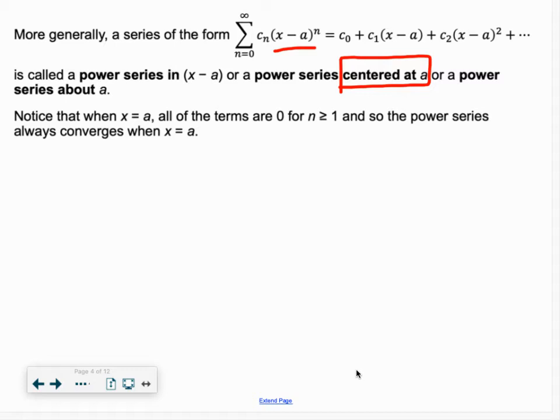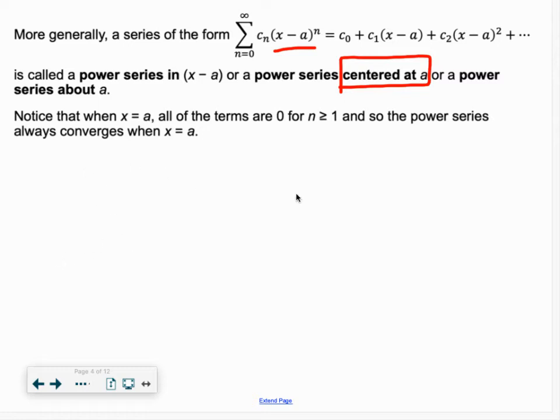There are very nice visuals that show what a power series means when it's centered at a. So just think of a as the center, with values coming out from a. But apart from that, you don't have to worry about it too much right now.